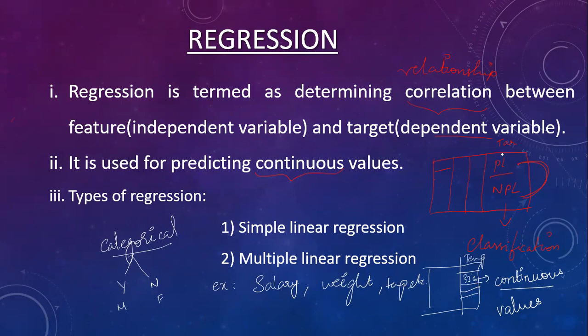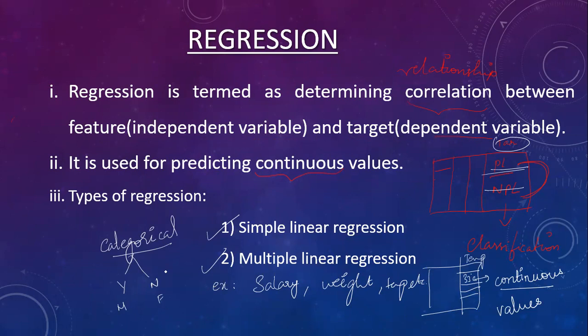The first thing you have to check is the target variable, and whether it is a continuous value or not. If it is not a continuous value, you have to see which one to use. Then we have 2 types of regression: simple linear regression and multiple linear regression.